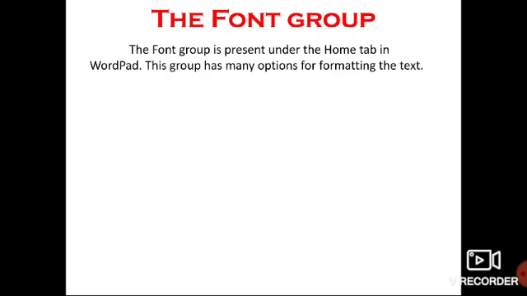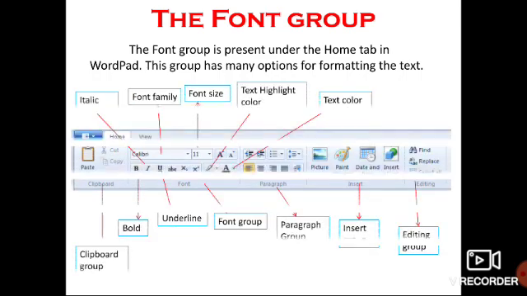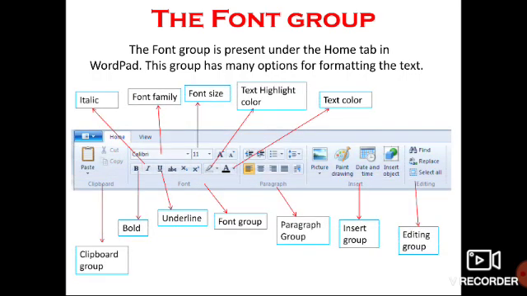Next we are going to study about the font group. So children, the font group is present under the home tab button in WordPad. This group has many options for formatting the text. That is, you can write the text bold, italic or underlined.